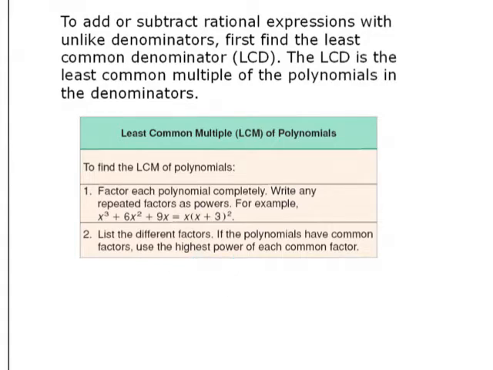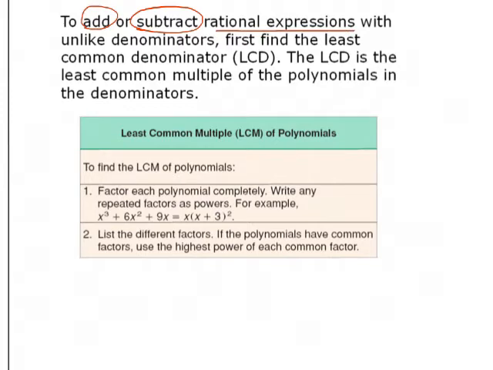Now, why is it important to find the least common multiple? Well, the least common multiple is helpful when we add or subtract polynomials, when we add or subtract rational expressions.